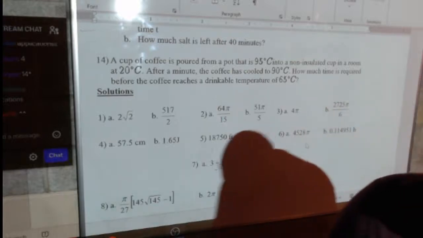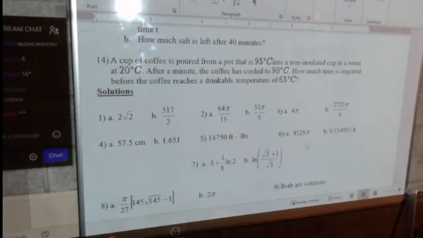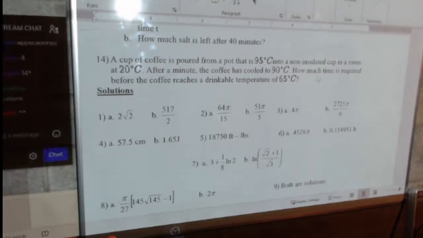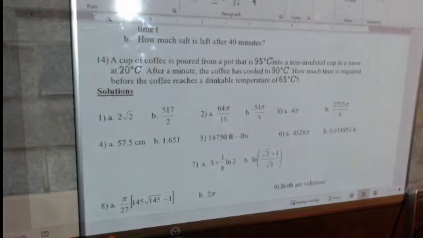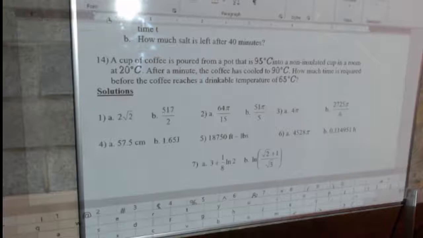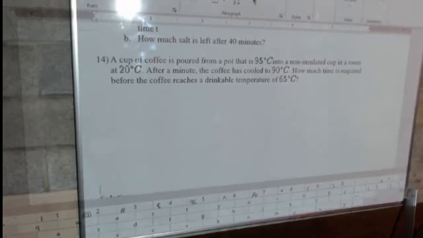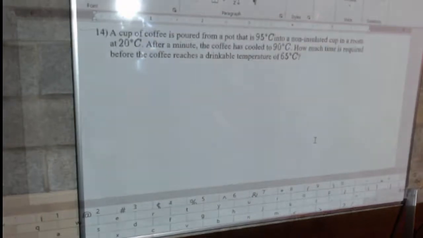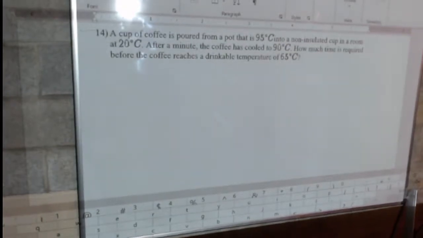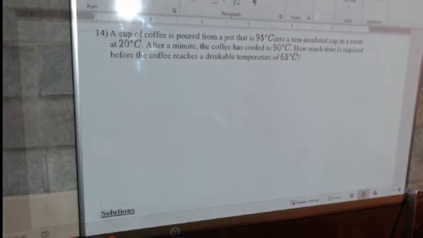Let me just make some space here on the screen again. All right, and pull the chat.